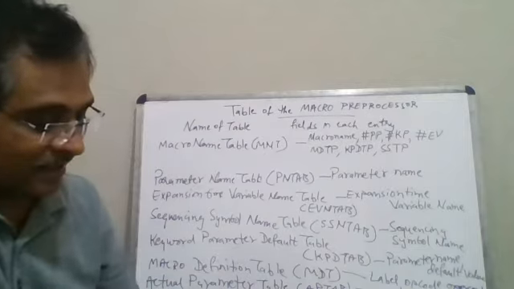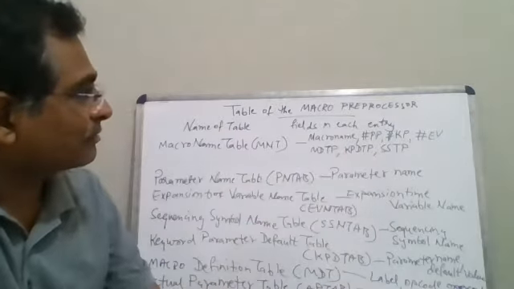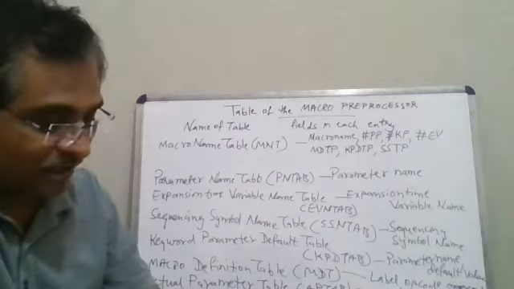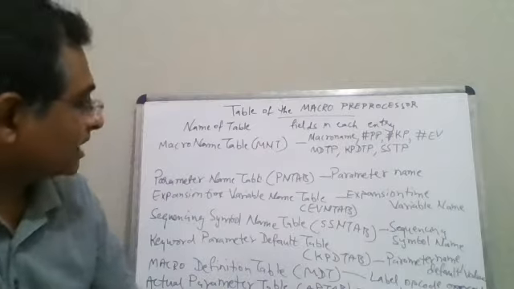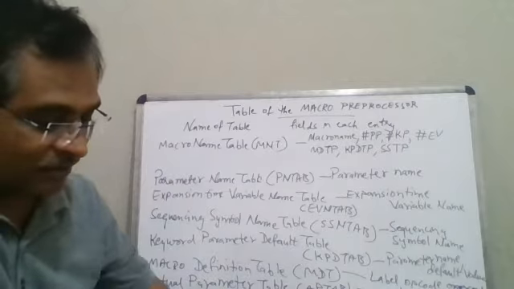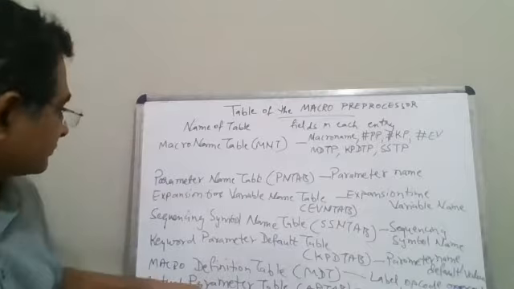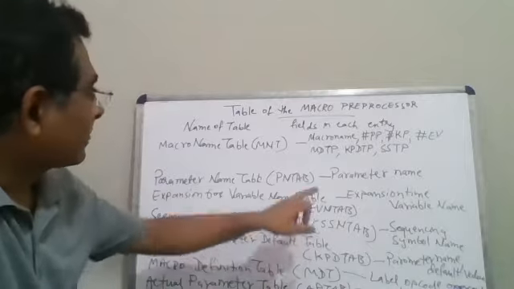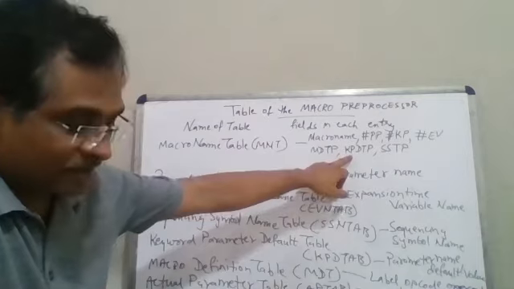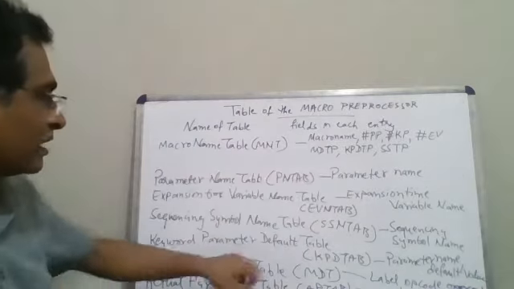Then this MNT is also going to have three more fields which are of pointer type. MDT pointer, so it's like MDTP, and then we are going to have KPDTP, which is nothing but the KPD tab pointer, the KPD table pointer.